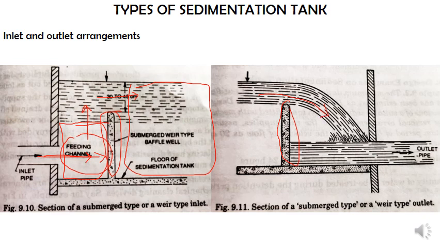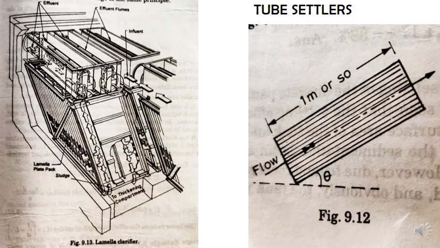For that, we have this baffle or a particular outlet chamber, and in that we store the water, and once it is stored, it is taken out. So whatever little turbulence is made over here will not affect the liquid which is already in this zone. So these are the inlet and outlet arrangements we have.